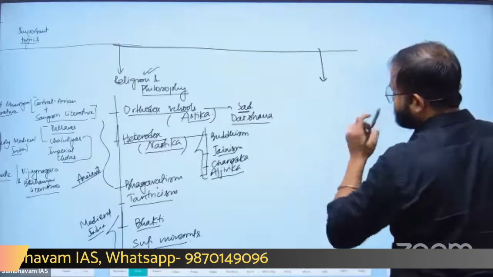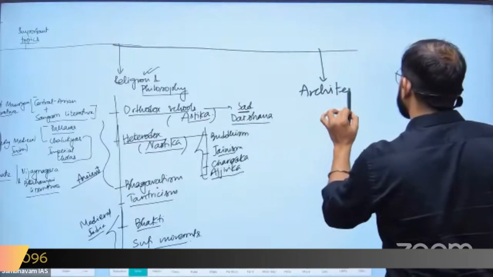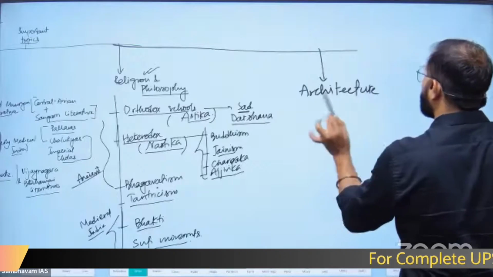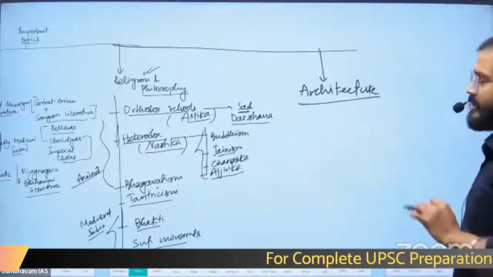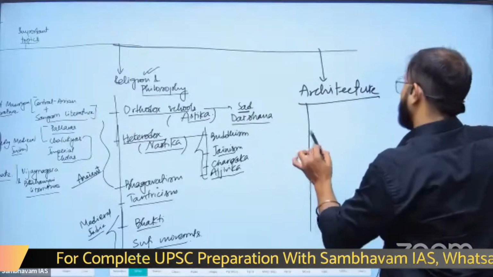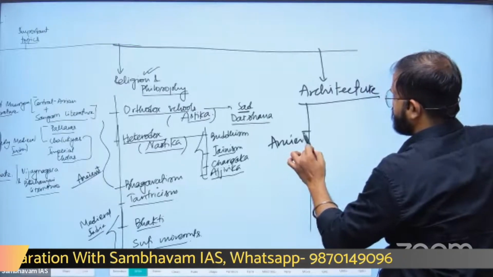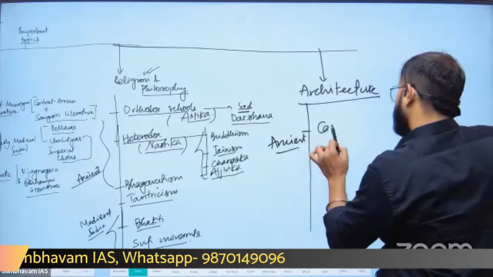Then there is architecture. I will start with architecture, and I will not make the classifications in a complicated way. A simple way: the ancient cave architectures.